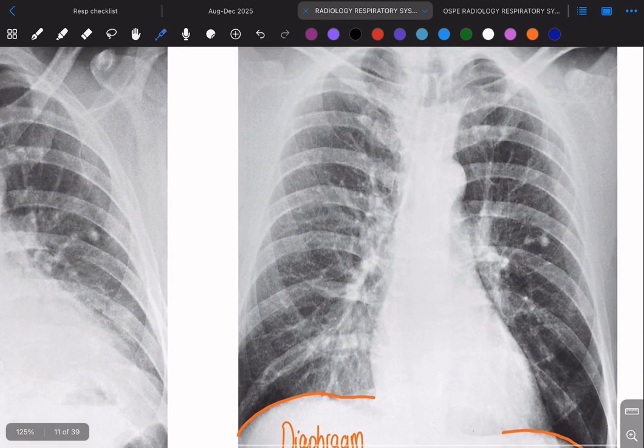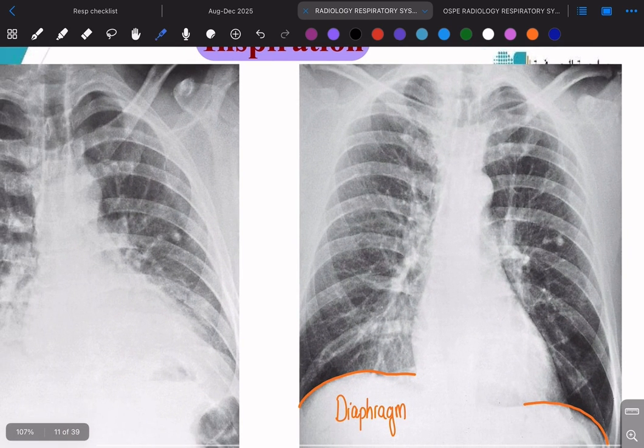Let's see it here. Here we're going to count the ribs. This is the posterior view, so we know this is the PA view. Here we can see the ribs from behind. The first rib is not very clear here. Then we have the second rib, the third, fourth, fifth, sixth, seventh, eighth, ninth, and then the 10th, which we can't really see because of the lower border of the lung.